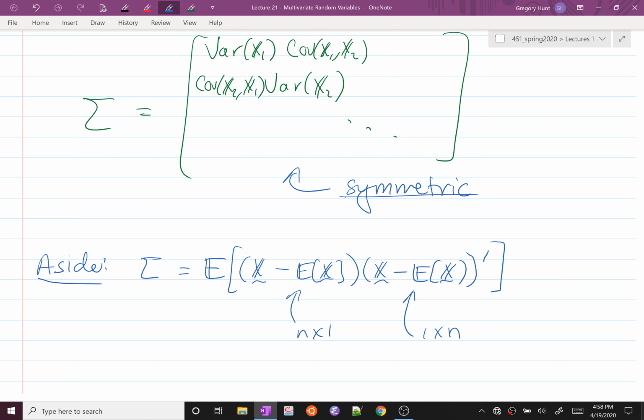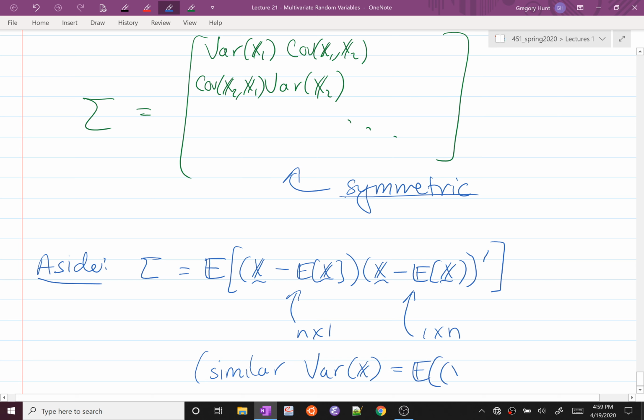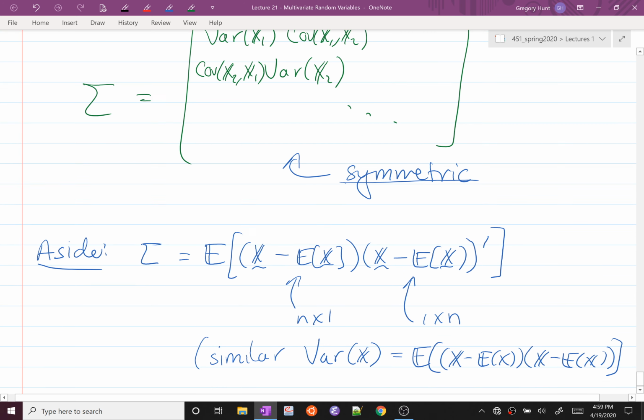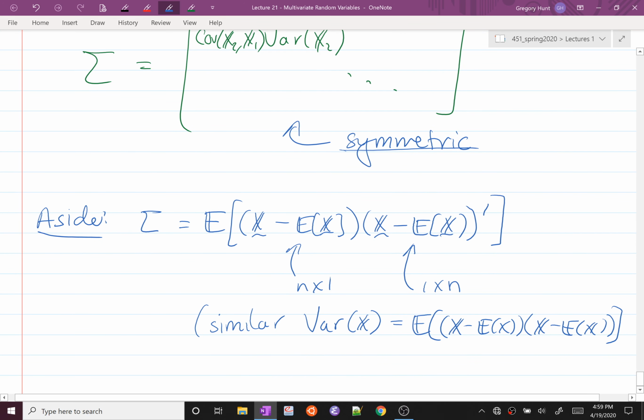This is similar to how you could define the variance of a univariate x as the expected value of x minus its expectation times x minus its expectation. Typically you write that squared, but you could say it's x minus its expectation times x minus its expectation. That's the multivariate generalization.